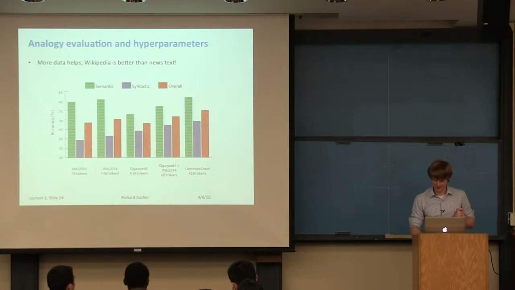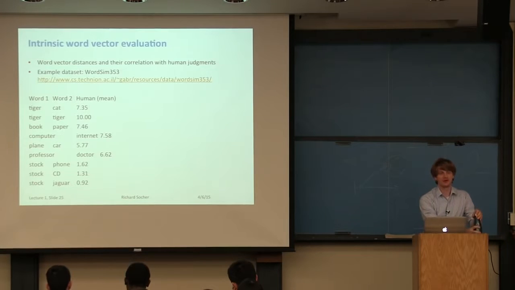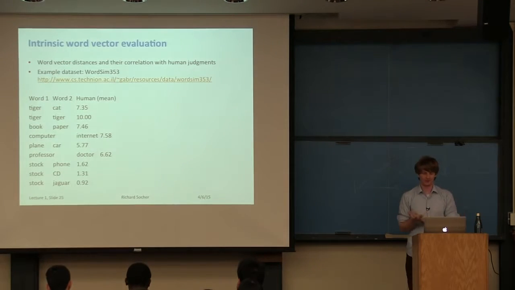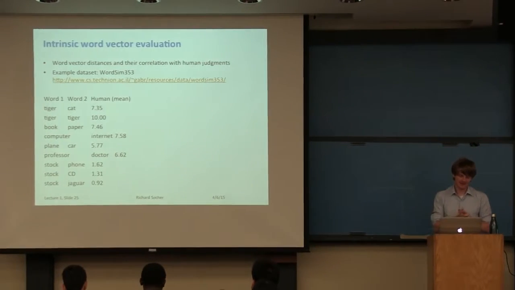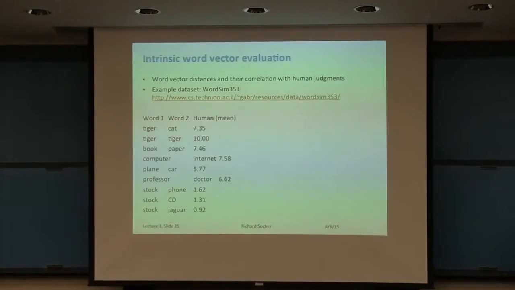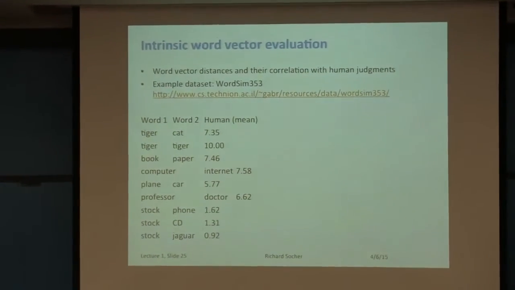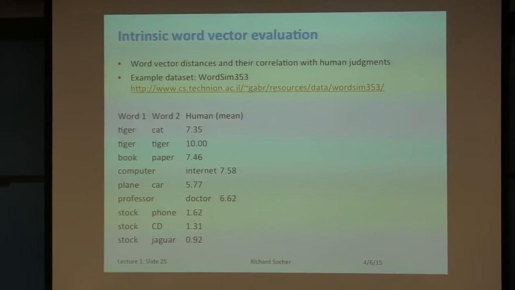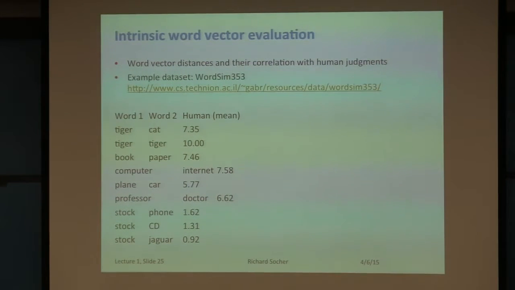All right. Moving on to one other very commonly used intrinsic evaluation metric, and the last one that we'll talk about today, is basically looking at whether word vector distances have high correlation with human judgments. So what do I mean by that? You could ask maybe 5 or 10 people, ideally at least 3, how similar do they feel like tiger and cat is on a scale from 1 to 10?